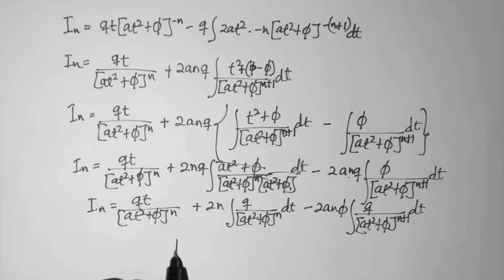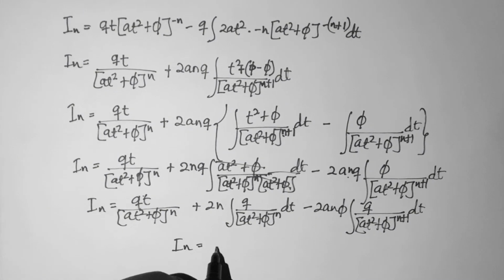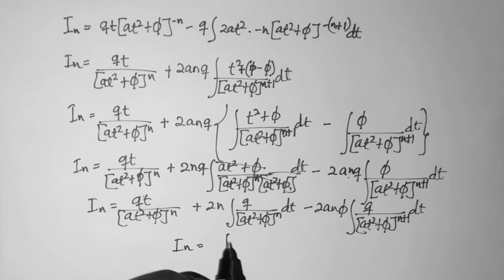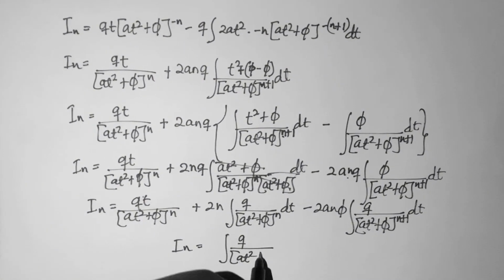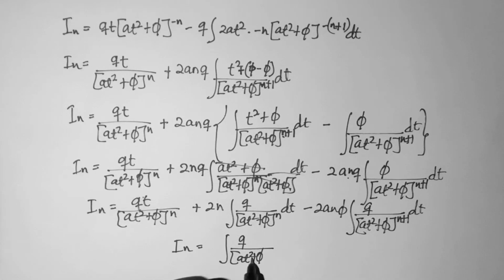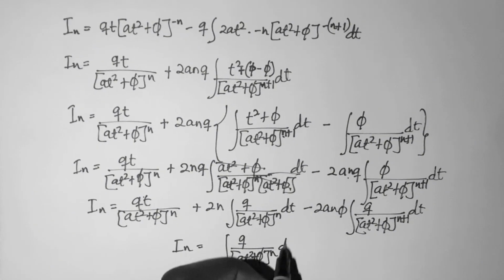Remember what we said earlier, we said I of n is equal to integral of q divided by (at squared plus phi) exponent n dt.